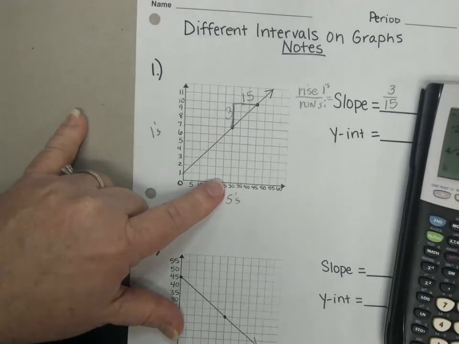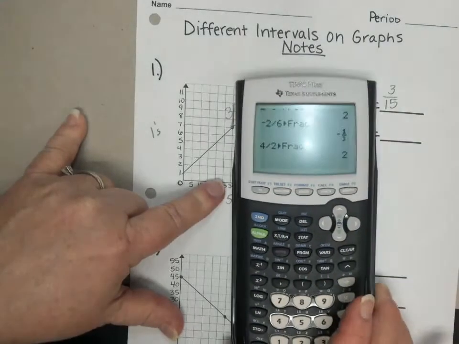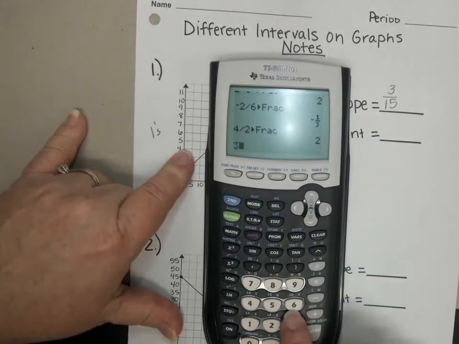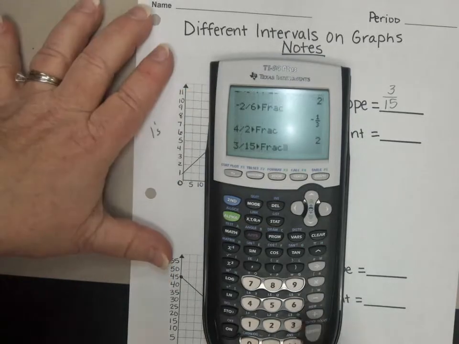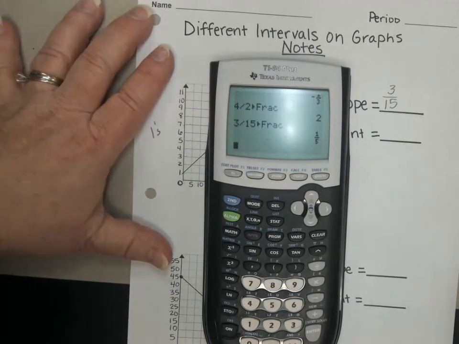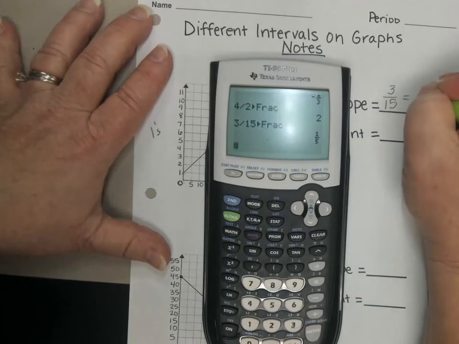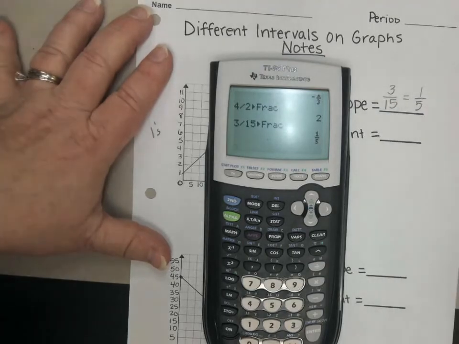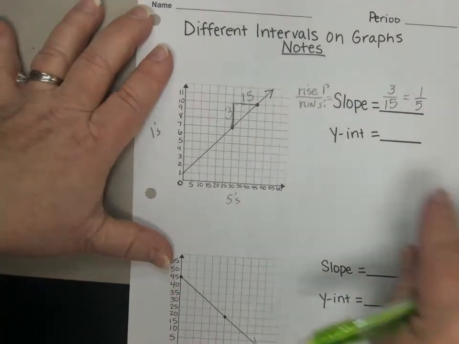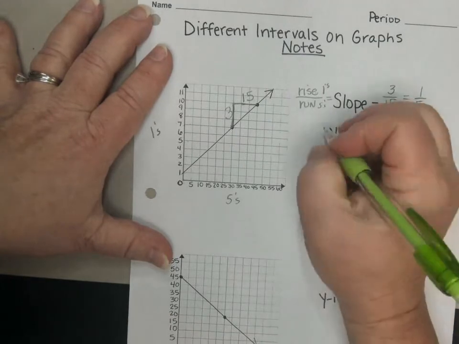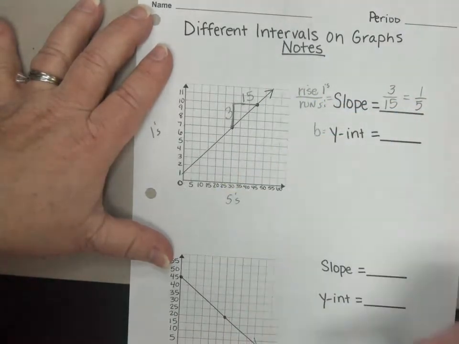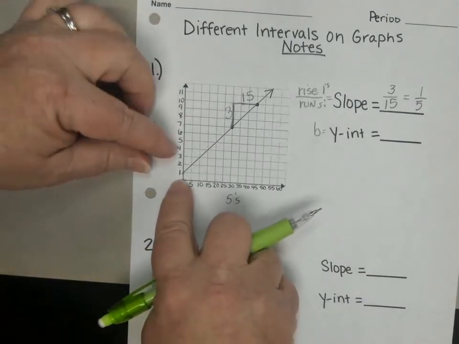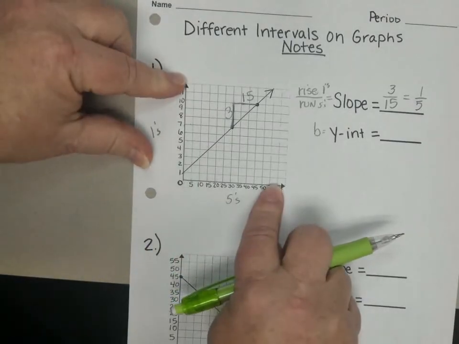So I'm going to go to my calculator and enter 3 divided by 15. I'm going to hit math, and it's on fraction, enter, enter, and it gives me, ooh, it does simplify to 1 over 5, okay? Remember that your y-intercept is your b value, so my b is where the line crosses the y-axis. Now, this is a 1-quadrant grid, okay?